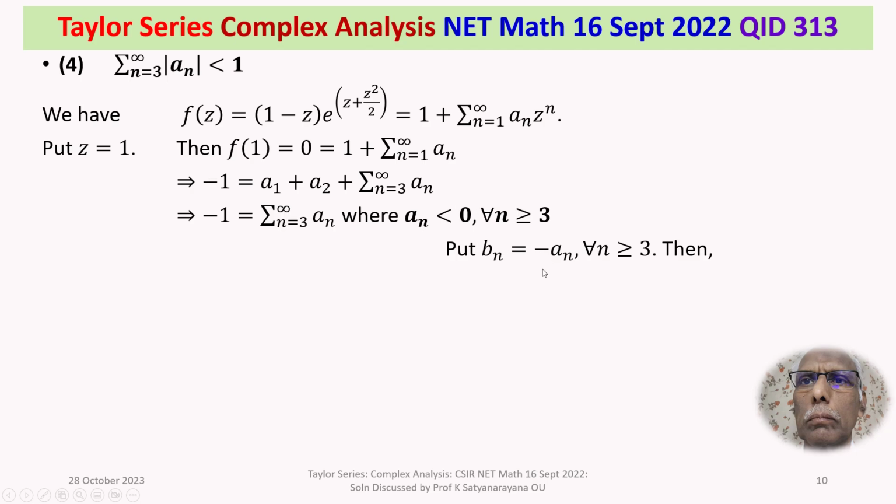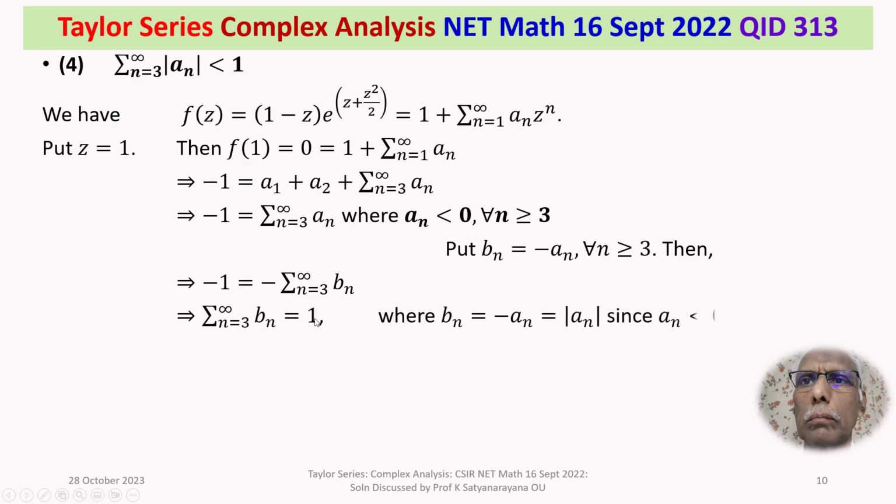Bn is equal to minus an means bn is mod an. Then it will be minus 1 is equal to sigma n is equal to 3 to infinity an, and an is minus bn. So minus minus cancels. That will be equal to sigma n is equal to 3 to infinity bn is equal to 1.